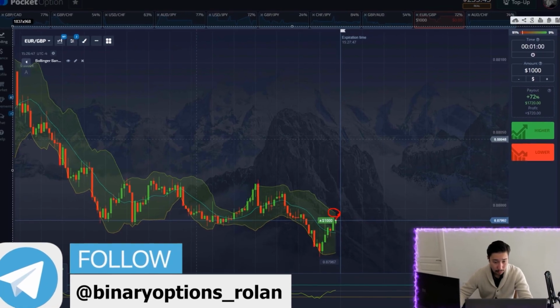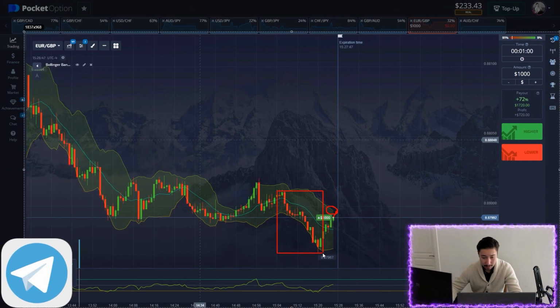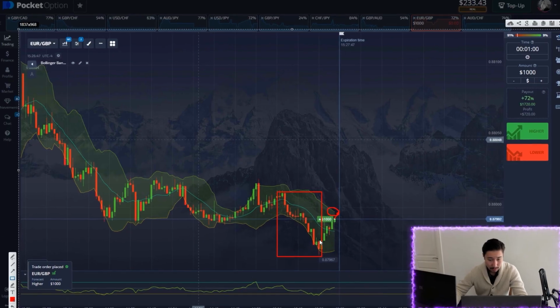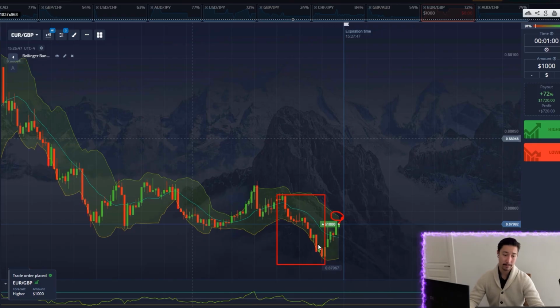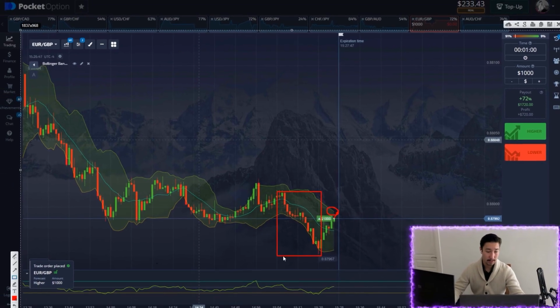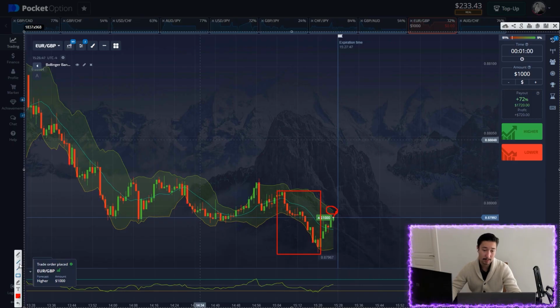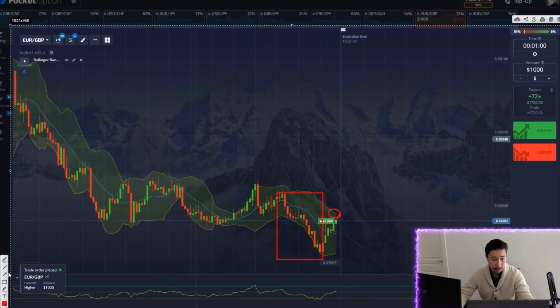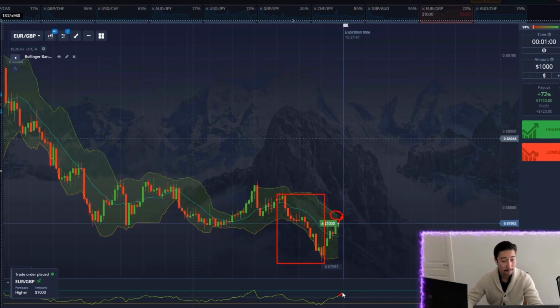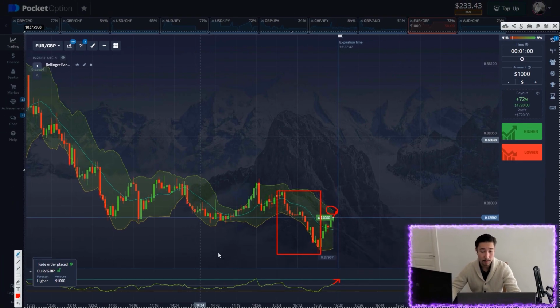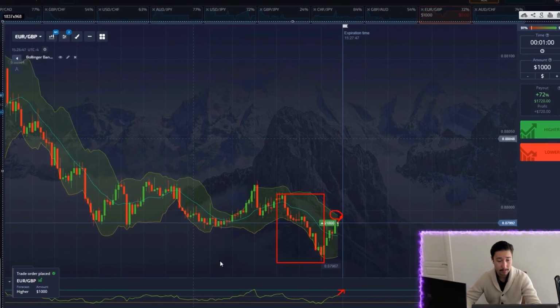After which we see the next pullback. Let me just point this out. If we look at the RSI, we see that the moving average hasn't hit the overbought zone yet, so we have some time. That's why we opened the long position. We expect the price to go higher before the correction, right?